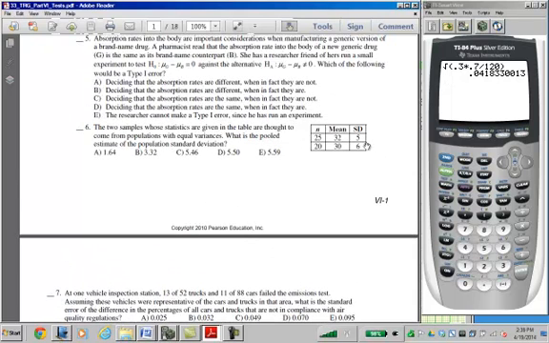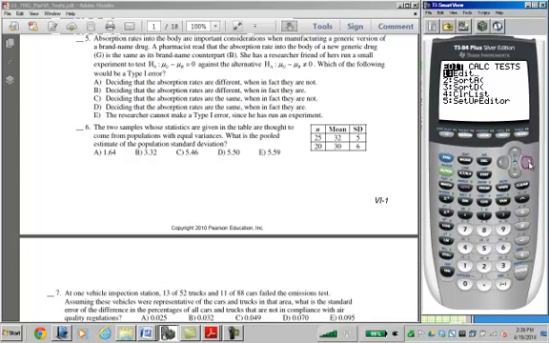We're just going to do one of these since it's very straightforward. They want to know the pooled estimate of the standard deviation. So you're going to go to stat, then tests, then a 2-sample t-test, number 4, and arrow over to stats and hit enter.